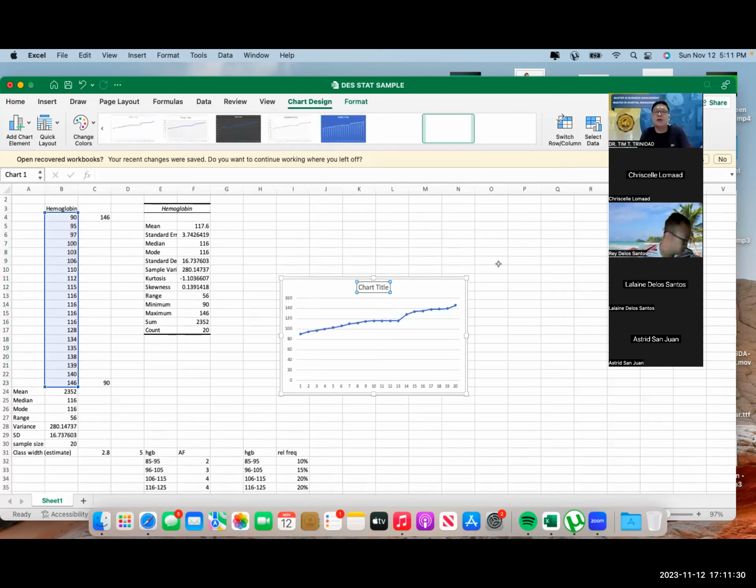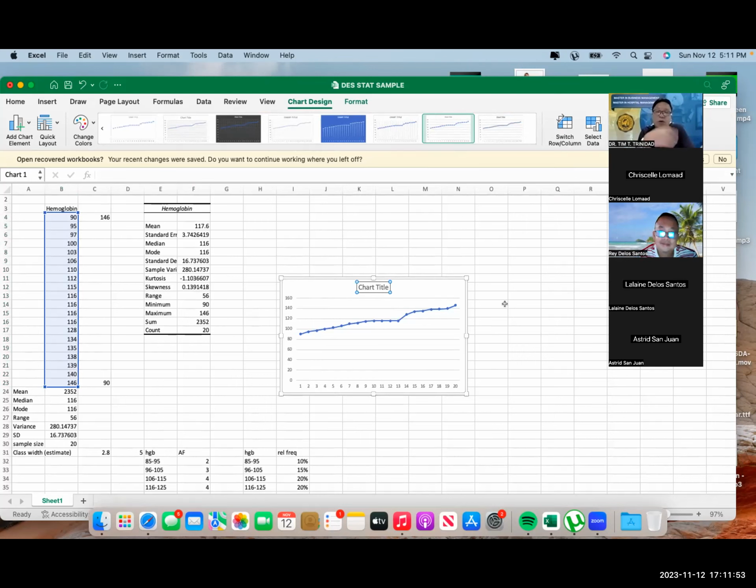And that makes your descriptive summary or descriptive statistics. So this is how you're going to report it on next meeting. So I will give you the assignment, you discuss this, and then do it individually para matuto kayo, ha? So follow this one.